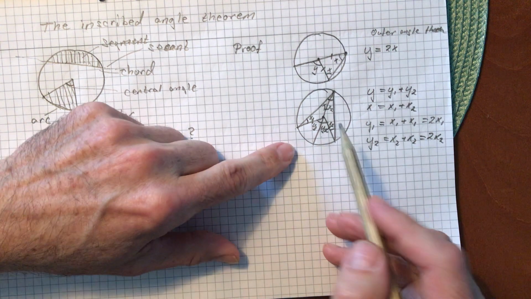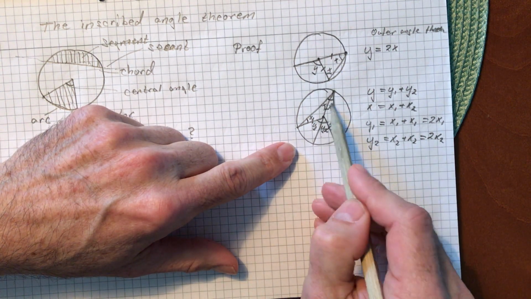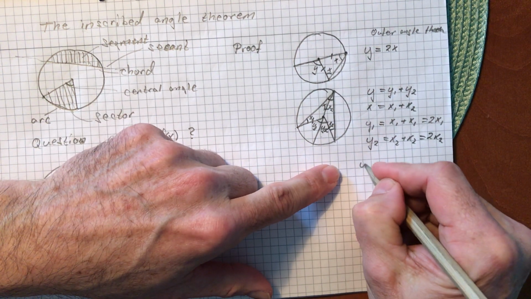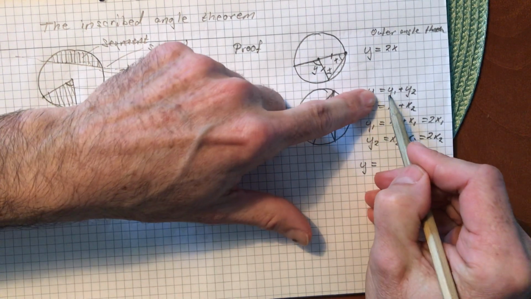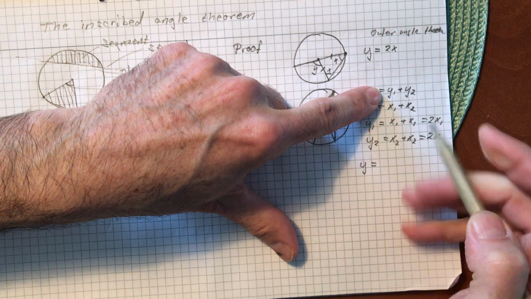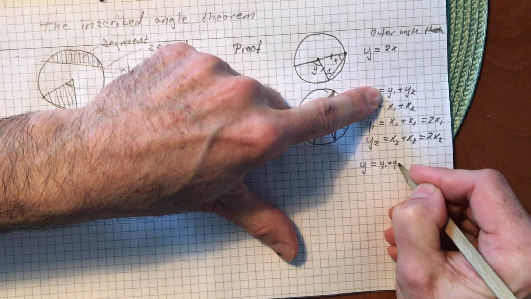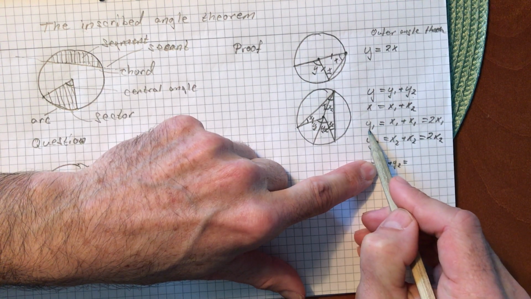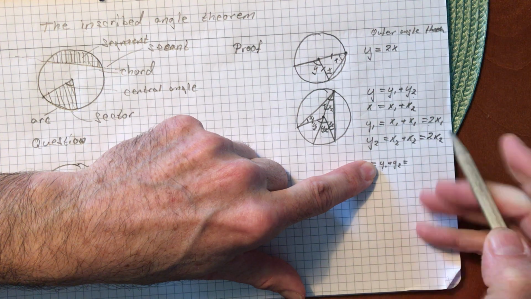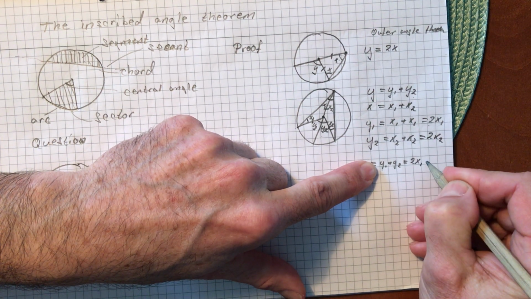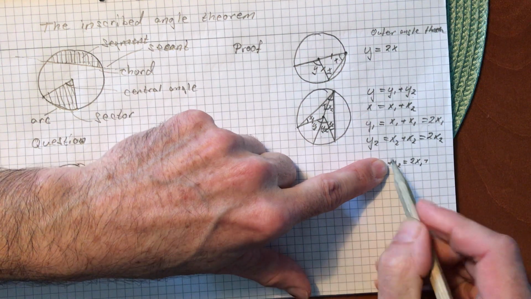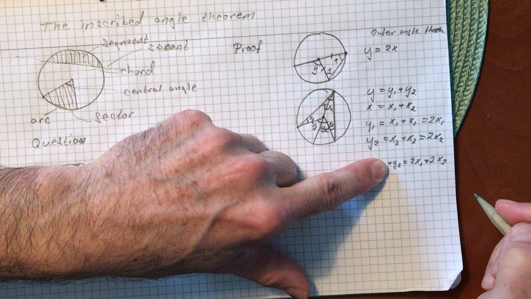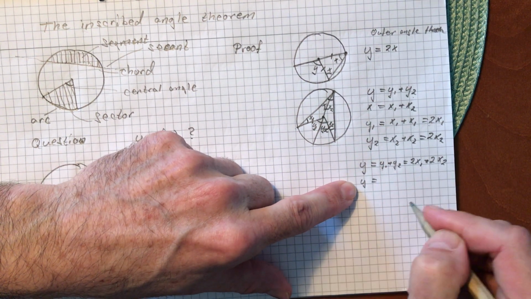Now, I want a relationship between y and x, not about y1 and y2 and x1 and x2. So y was equal to y1 plus y2. But y1 is the same as 2x1, plus y2 is the same as 2x2. So let's see what we will get.